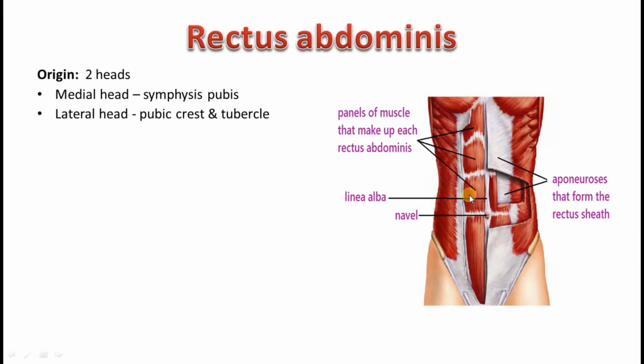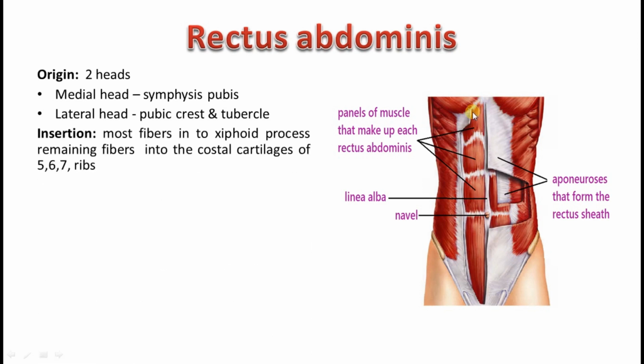It passes upwards within the rectus sheath and gets inserted as 4 fleshy slips, the medial one to the xiphoid process and the lateral slips to the 5th, 6th and the 7th costal cartilage. The upper part is somewhat wider as compared to the lower part.